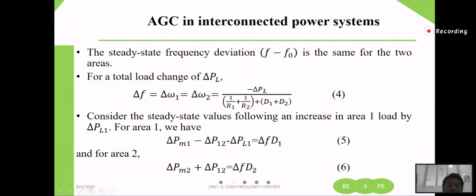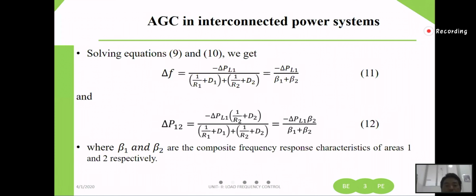So this is how we got the equation. Earlier I said that, see here, the steady state frequency deviation is the same for both areas, and for a total load change of del PL we get the change in frequency given by minus del PL by this equation, right? Just rearrange there and you will get this equation.